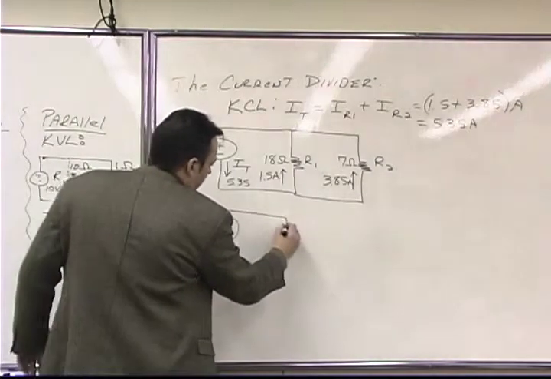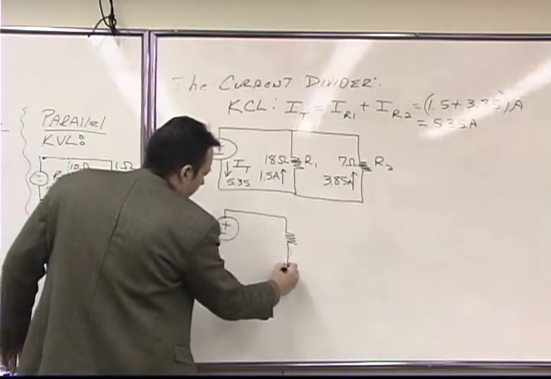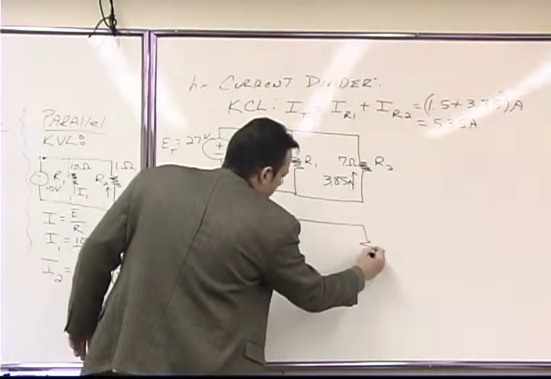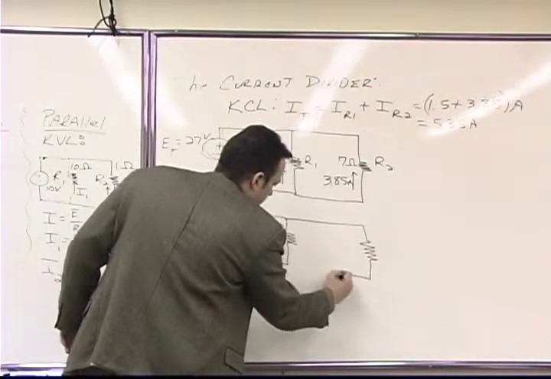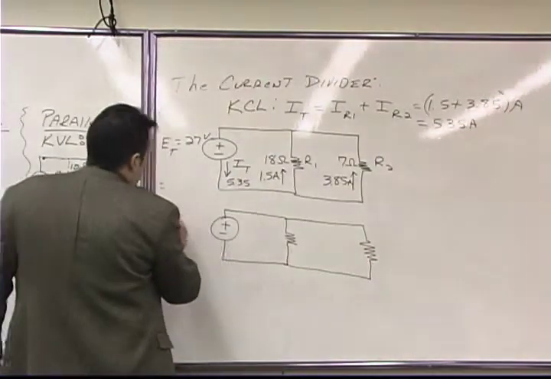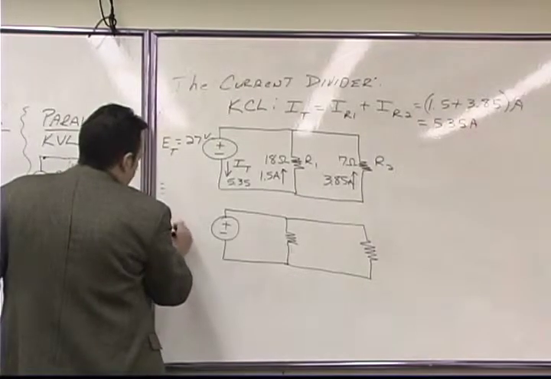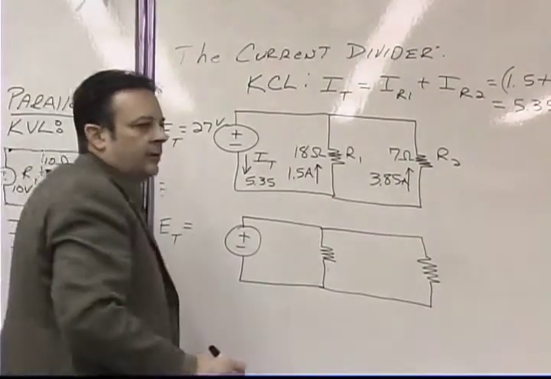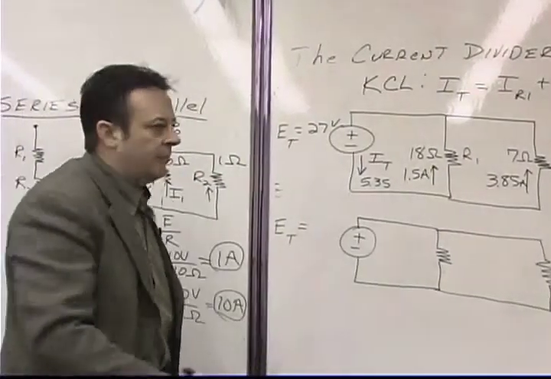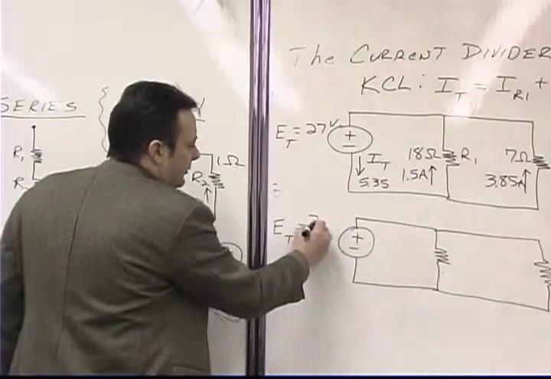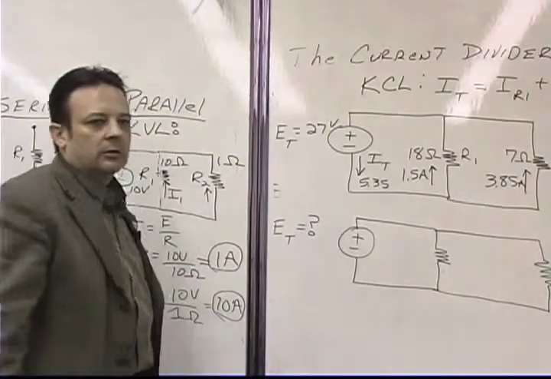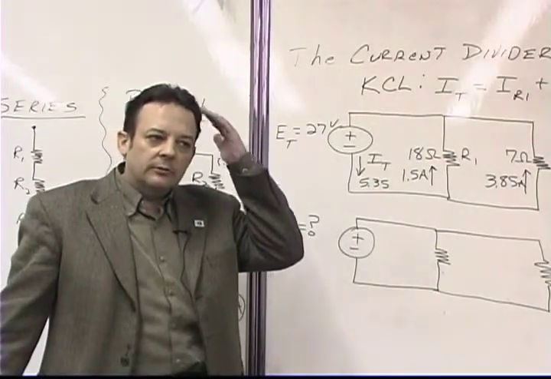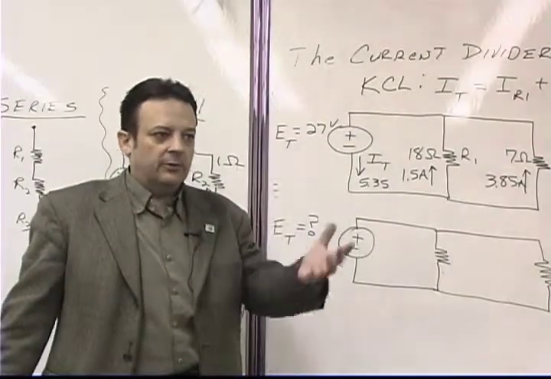So we've got a battery, we've got a resistor, and we've got another resistor. So this is our total voltage. And let's just say that for the sake of an industry aptitude exam, they don't tell us what this is. This is a big question mark. This is very common that I do this to you.